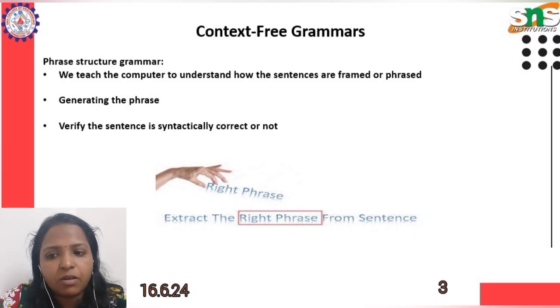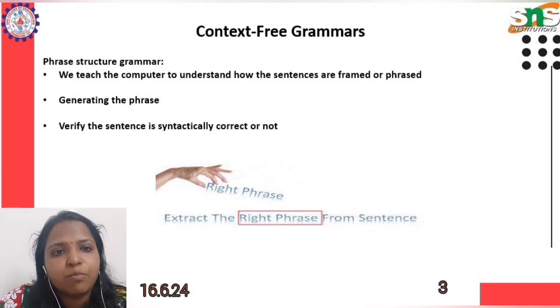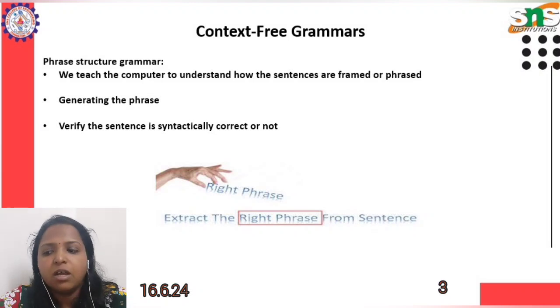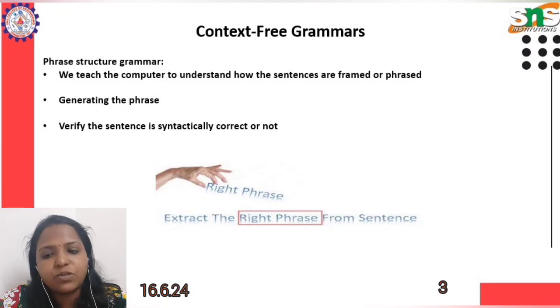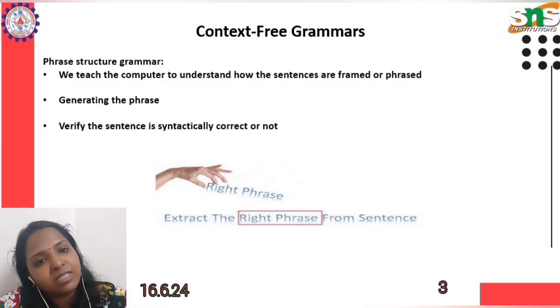When you want to teach a computer to understand the sentence, you need two things. You need to give some rules and regulations. Obviously, we need some rules and regulations, and these rules will help us to form a meaningful sentence.